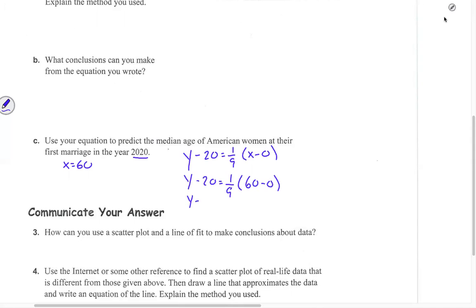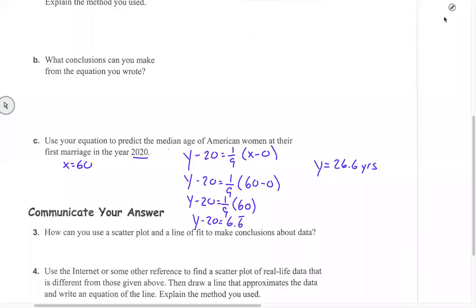It could be y minus 20 equals 1/9 times 60. 1/9 of 60 is roughly, let's see, 6.6. So y minus 20 equals 6.6. So y equals about 26.6 years, meaning women get married around 27.